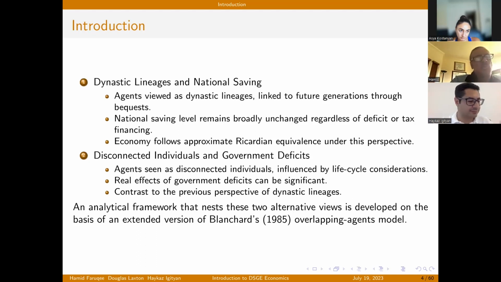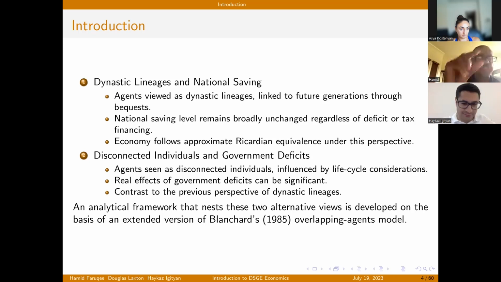So these notions of Barro dynasties are what prompted a new look at these OLG models. In the Blanchard-Yaari-Weil framework, the first interpretation of an agent is this kind of dynasty, but a dynasty with a finite horizon. So dynasties come and go.